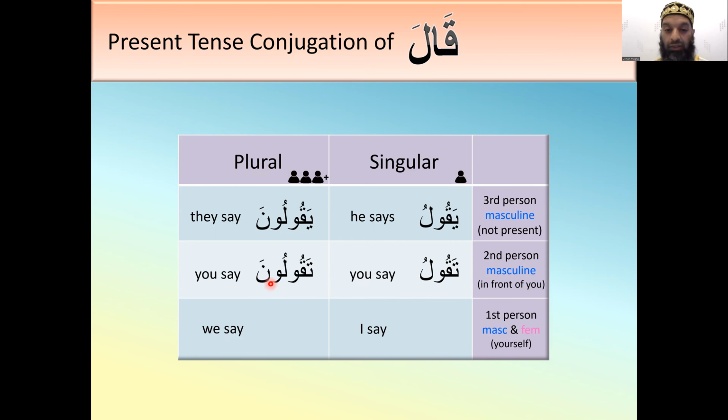Taquluna, you all say. So the first one, yaqulu, yaquluna, he says, they all say. Now the ta means you. Taqulu, you say. Taquluna, you all say. Okay, so it's just a revision of the previous table. You just got to know the adjustment for qala.